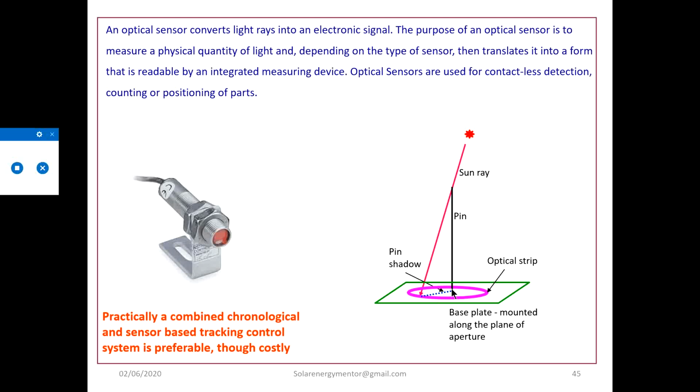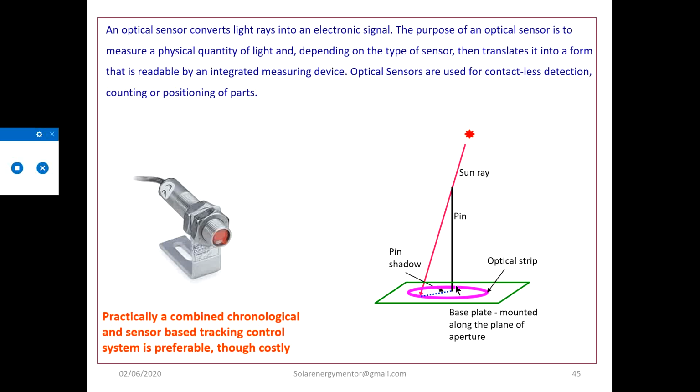So a pin is fixed at the center of this optical strip circle. Now when the sun shines over this pin, it casts a shadow on the base plate.